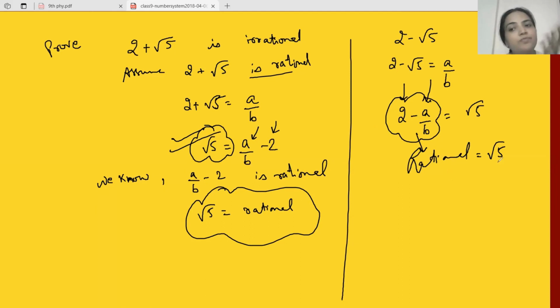But we know √5 is irrational, hence our assumption is wrong. इसीलिए 2 - √5 is irrational.